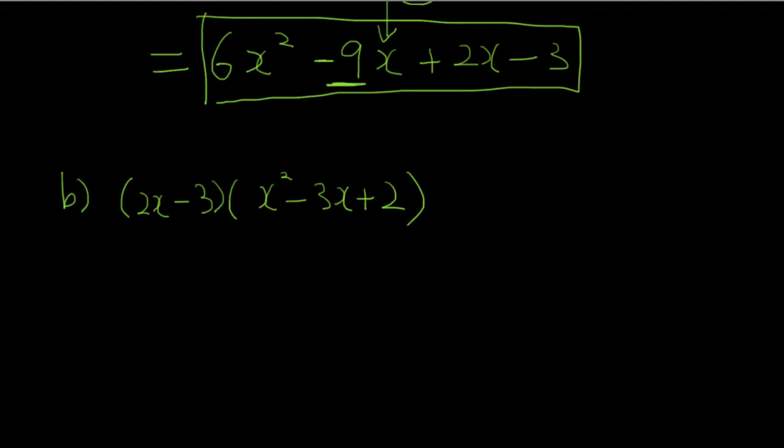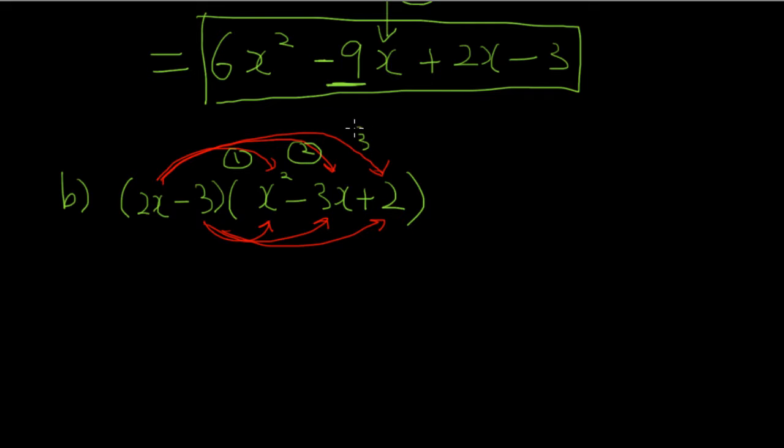You have to do 6 times. The first term is going to multiply to here, here, and here. The same way, this negative 3 will be multiplied to here, here, and here. So let's say this is the first, second, third, this will be fourth, fifth, and sixth operation, right?